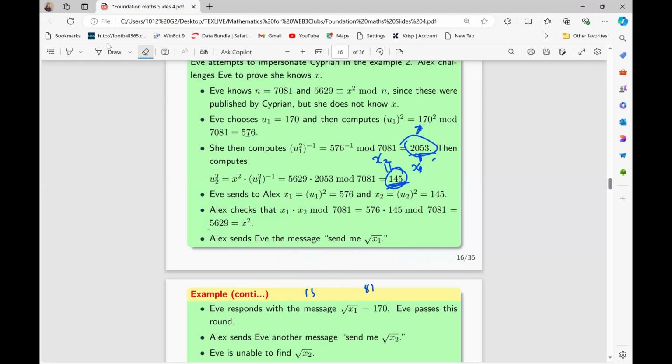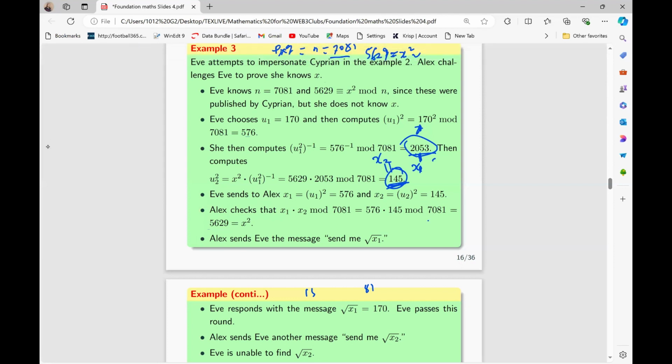And what is x squared? X squared was a product of two numbers. So for you to know x, you must know the square root of this and the square root of this. If you know the square root of these two, it means you know the square root of x squared, because their product gives you x squared.